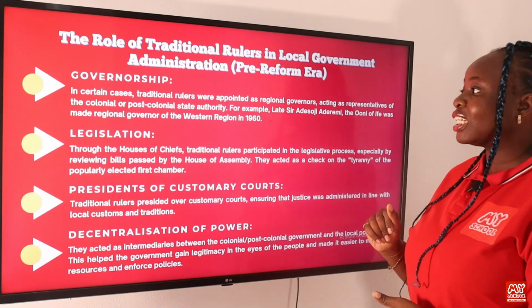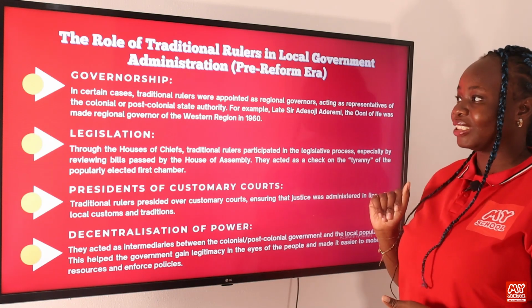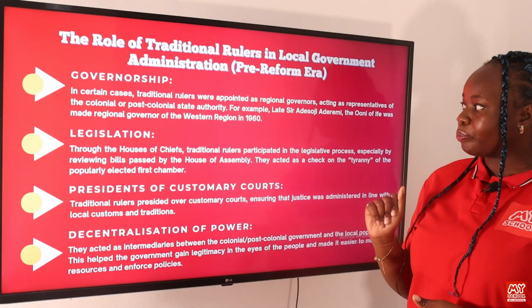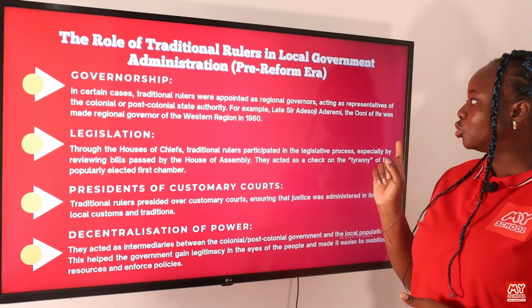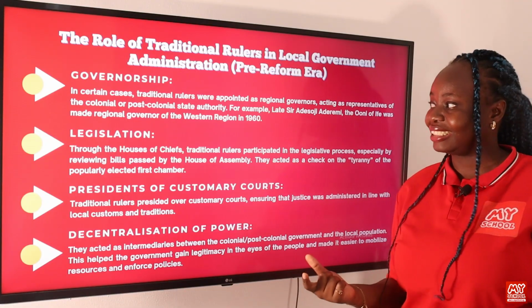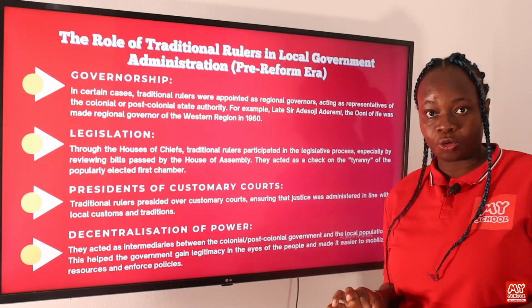Then in certain cases, traditional rulers were also appointed as regional governors. They acted as representatives of the colonial or post-colonial state authority. For example, late Sir Adesoji Aderemi, who was the Ooni of Ife, was made regional governor of the Western region in 1960. So at that time, the governor was a ceremonial position.